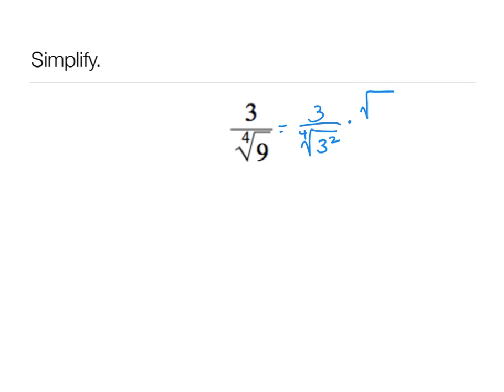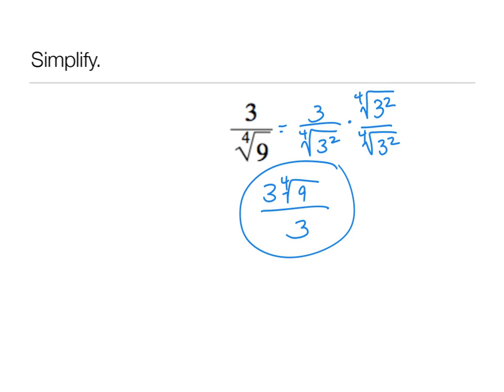And the answer to that question is I need 2 more. So that becomes 3 fourth root of 9 over 3. So that would be my simplified version.